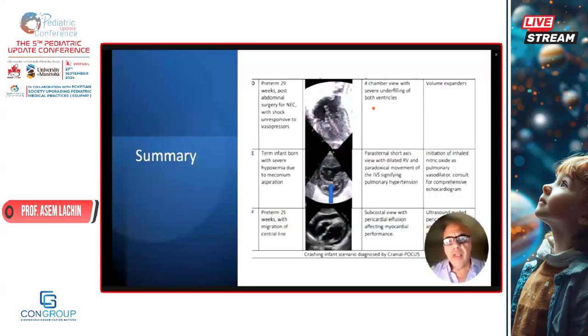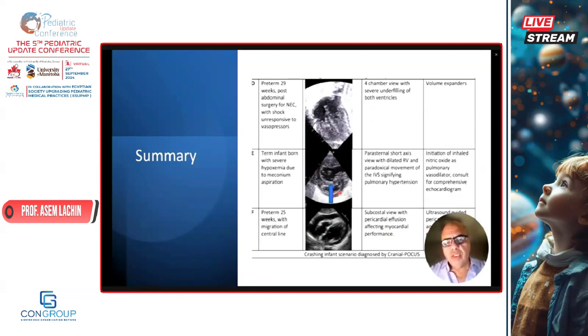So in brief, this is a four-chamber view for severe underfilling of the heart, and you can see here the chambers of the heart are almost empty of fluid, so this one will go for volume. And this one is a parasternal short axis view with dilated right ventricle and paradoxical movement of the interventricular septum, signifying a significant pulmonary hypertension.